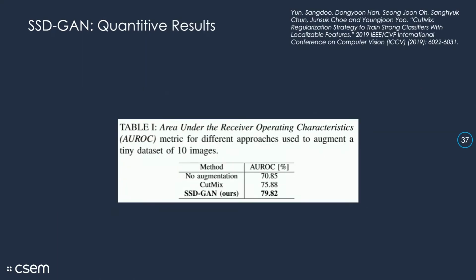We actually ran some quantitative experiments, and we found that in comparison to using no augmentation, or when you only cut and mix, you take two different parts of different images and put them together, but not through our network, the results are worse. But when you take this approach and you put it through our SSD-GAN, then you get even better results.